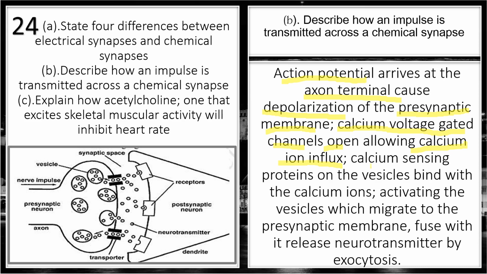Calcium sensing proteins on the vesicles bind with the calcium ions, activating the vesicles which migrate to the presynaptic membrane, fuse with it, and release the neurotransmitter by exocytosis.